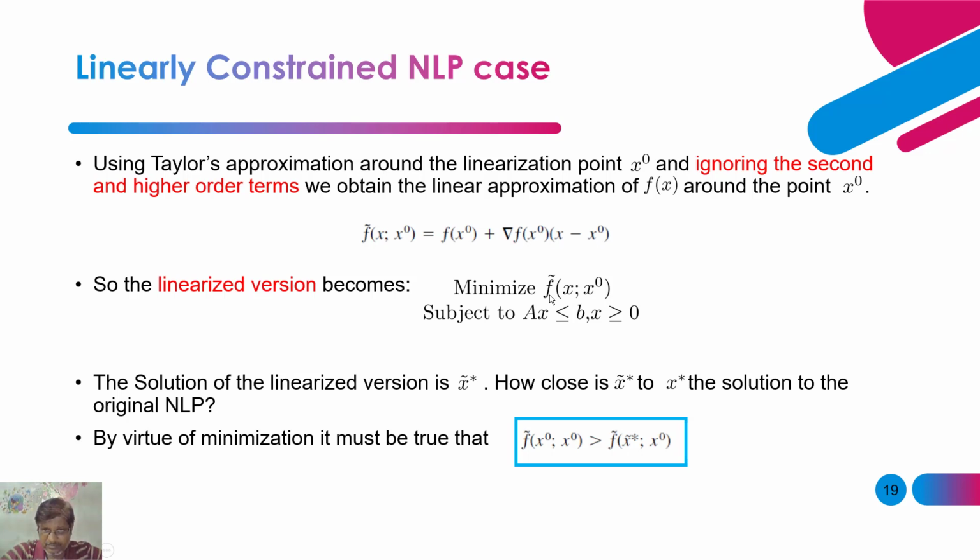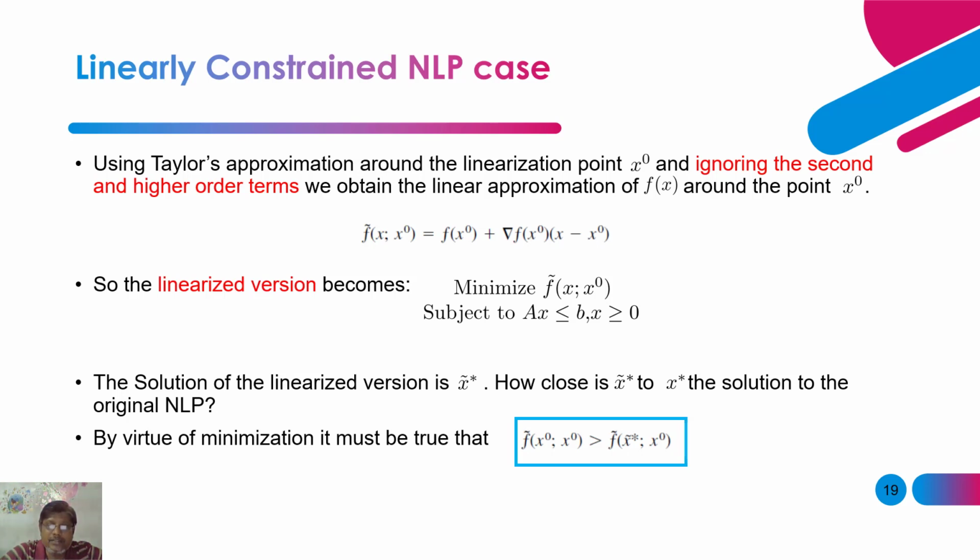Minimize the new function for the same constraints. So the solution of the linearized version is x tilde star. How close is this x tilde star to x star, the solution to the original nonlinear problem?